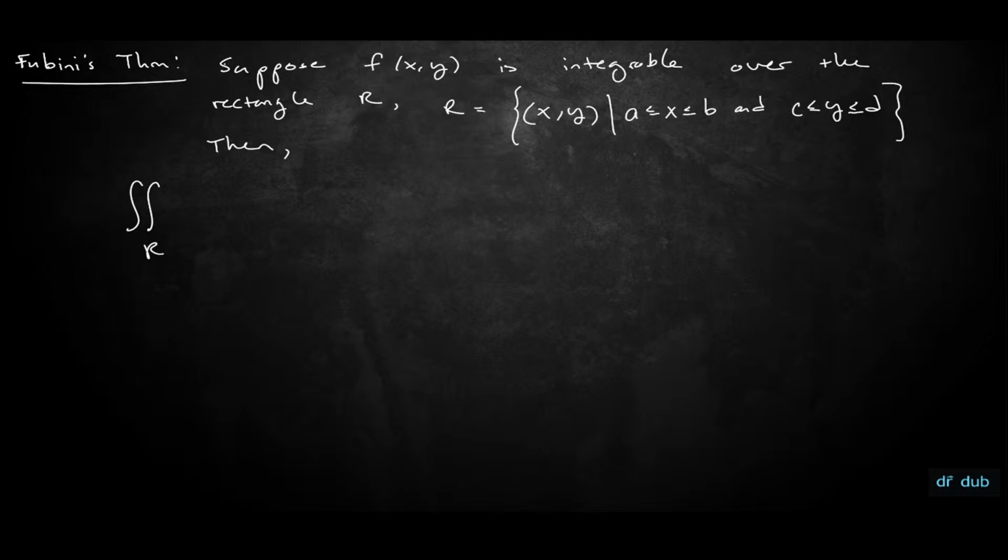So Fubini tells us two things. The first is the double integral can be calculated as an iterated integral.